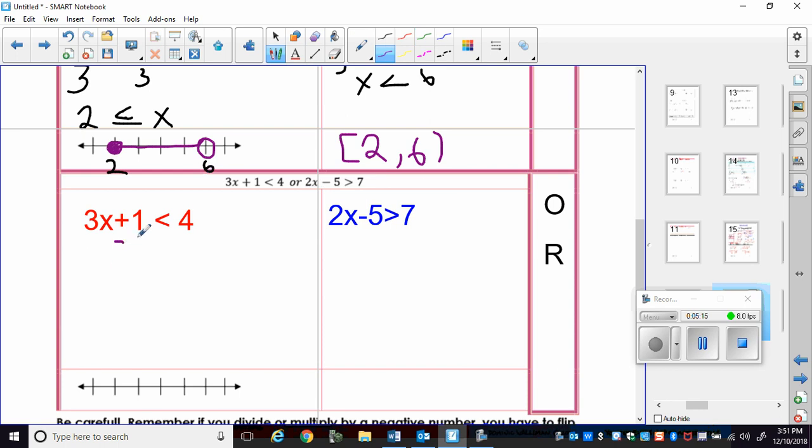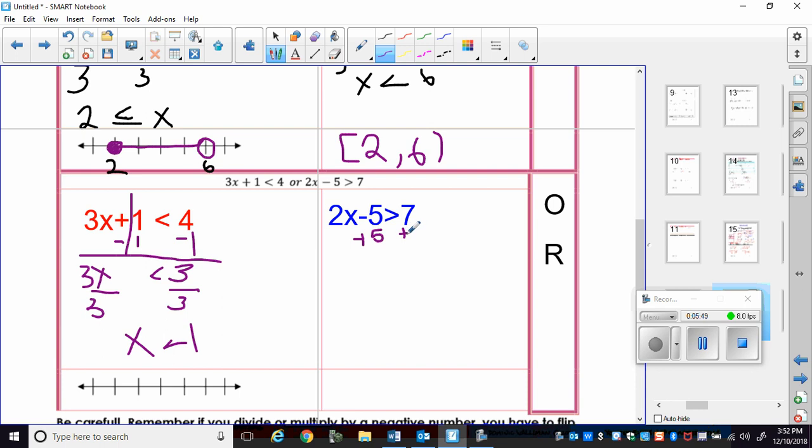Minus 1 on both sides here, so I can get the x by itself. I get 3x comes down, 1 minus 1 goes away, the symbol comes down, 3 comes down, divide both sides by 3, and x is less than 1. Okay? Over here, add 5 to both sides.